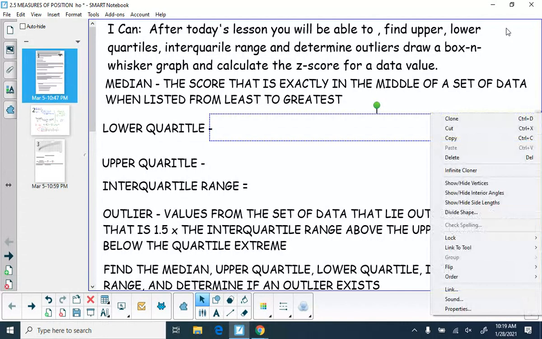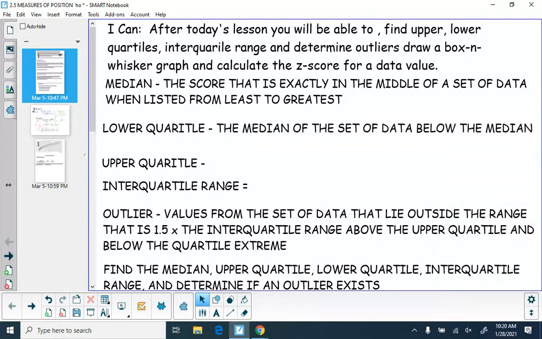Lower quartile. It's the median of the set of data below the median.